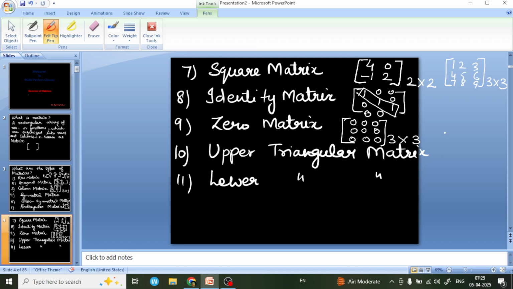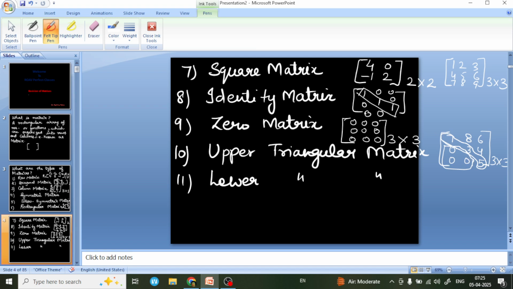Upper triangular matrix means, just for example, a 3 by 3 order, you can see here 7, 8, 6, 0, 0, 0, 3, 4, 5. You can see here the lower part of the matrix from its diagonal. This is the diagonal part. From there, in the lower part, these 3 elements will be 0, 0.